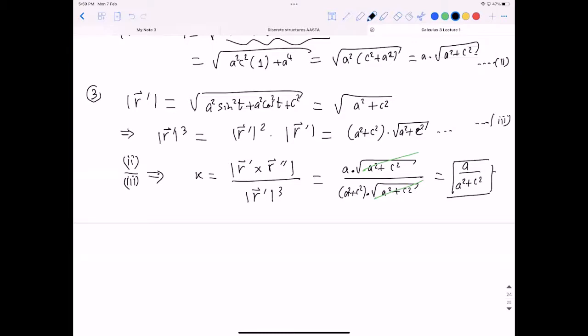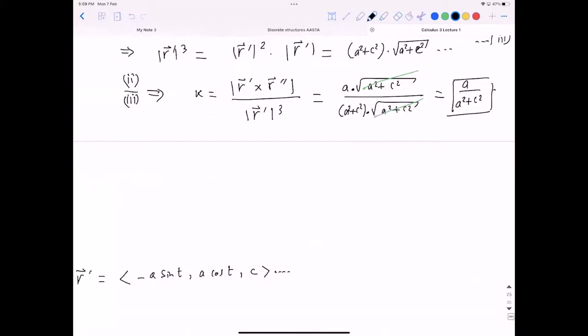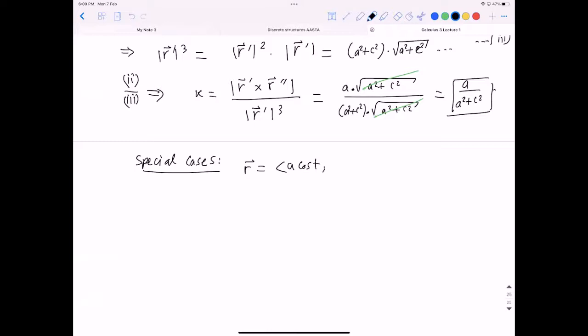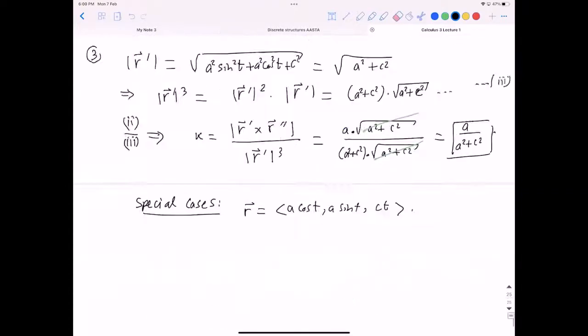So we can have some special cases here. Special cases. Look at the original given function, A cosine t, A sine t, and C t.